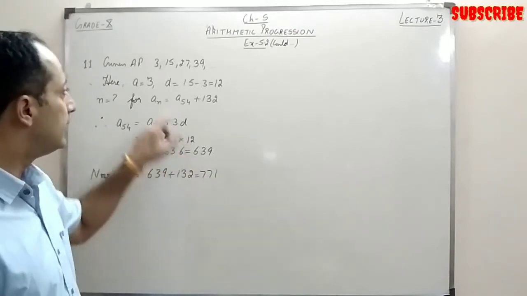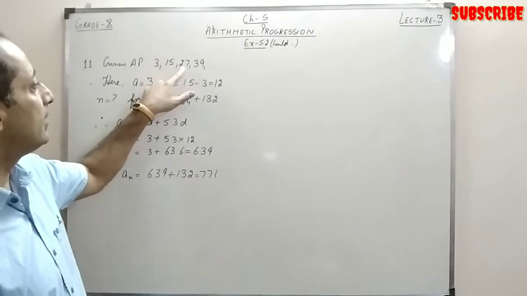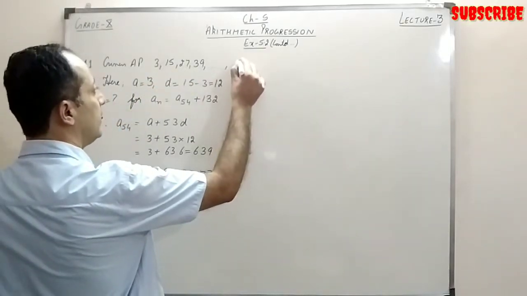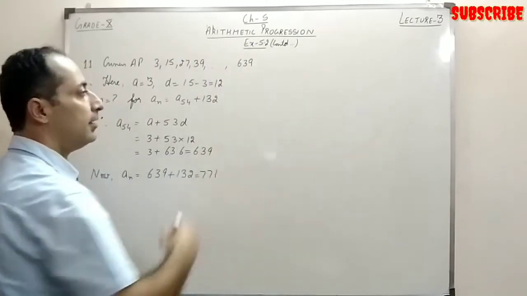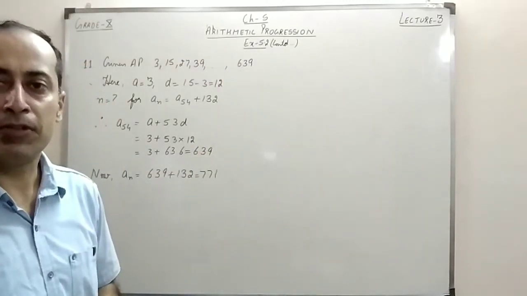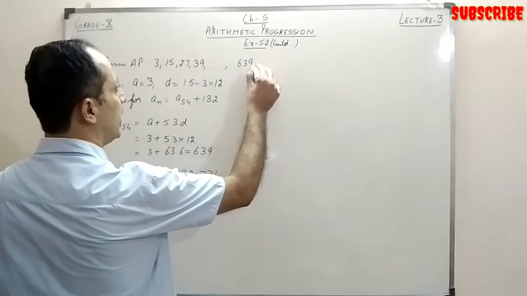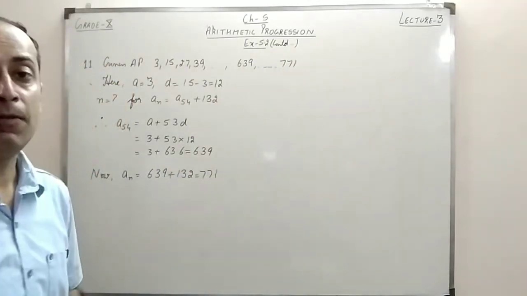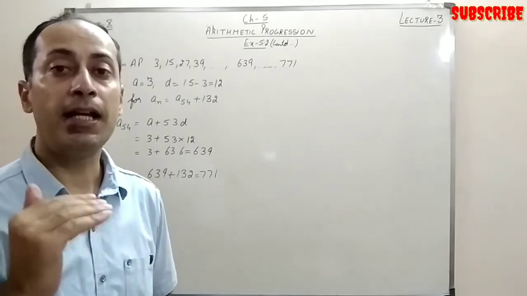Now, this is the first, this is the second, this is the third, this is the fourth. If I keep on proceeding, 639 would be my 54th term. It will come at number 54. Now what I have to find is, if I keep proceeding, at what place this 771 comes. It means I have to find n for this.